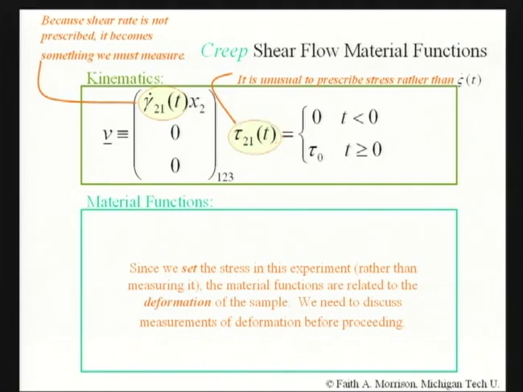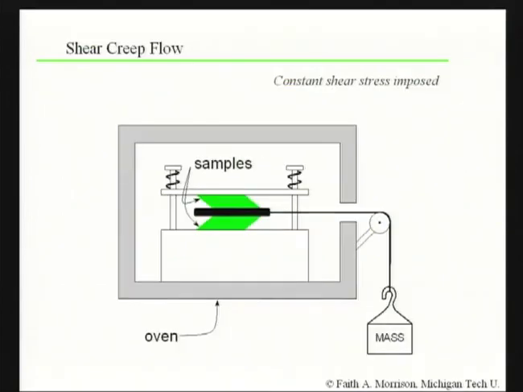So I'll back up one slide and show you the typical early design for a shear creep experiment. And this is related to the one that was in the video where he used a falling weight to drive a torsional flow, a flow between cup and bob. But this is a flow where we're doing a shear flow.